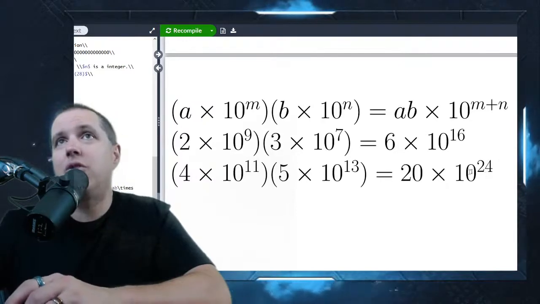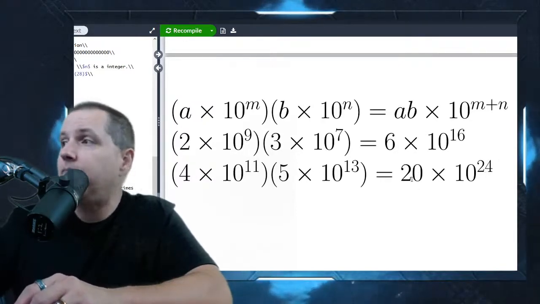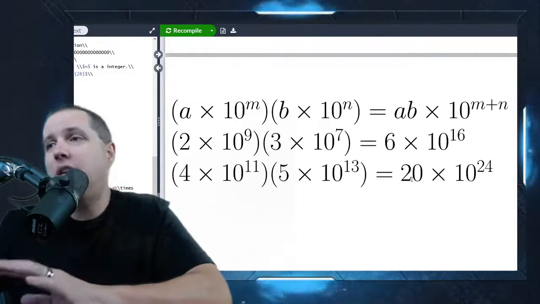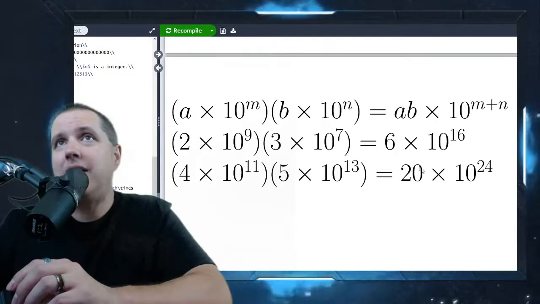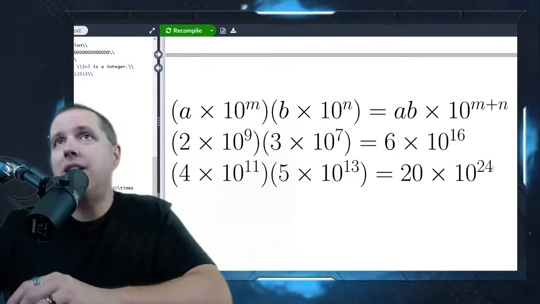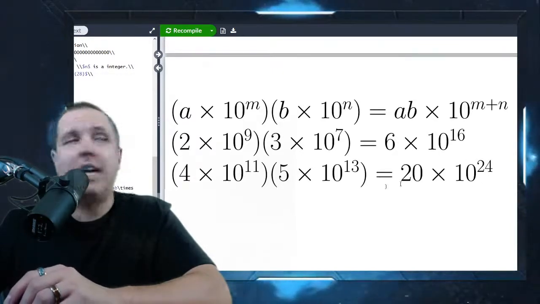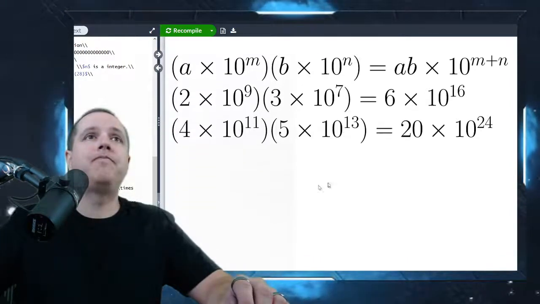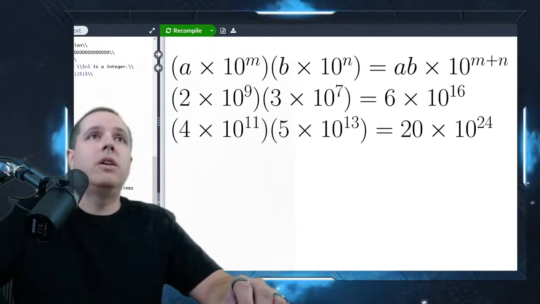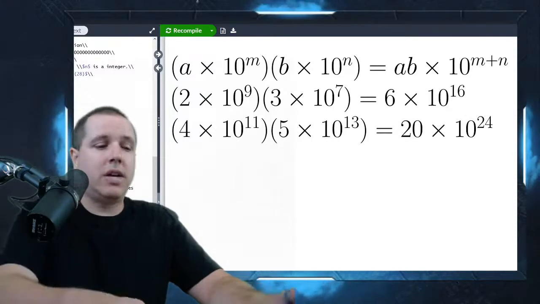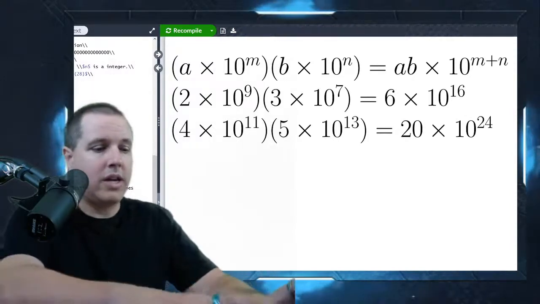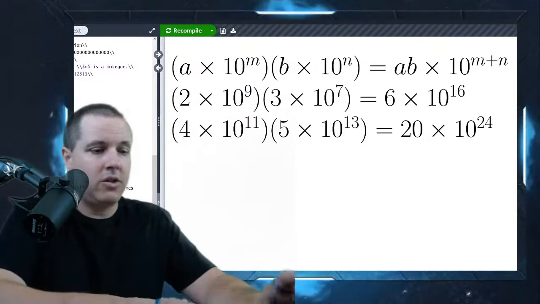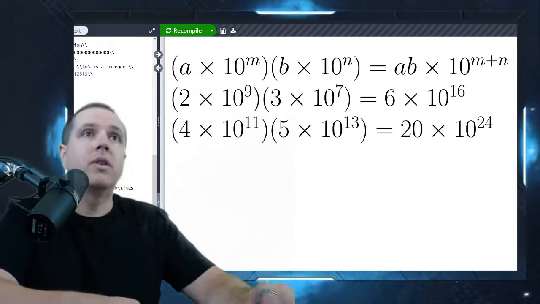Sometimes students do that where they're like, oh, now I'll just make this 20 into a 2. No, you can't just make the 20 into a 2. We can adjust this number. Basically over here we divide by 10, but then to balance over here we multiply by 10. So what I'm going to do is I'm going to say, okay, well then this should become 2.0 times 10 to the, right?